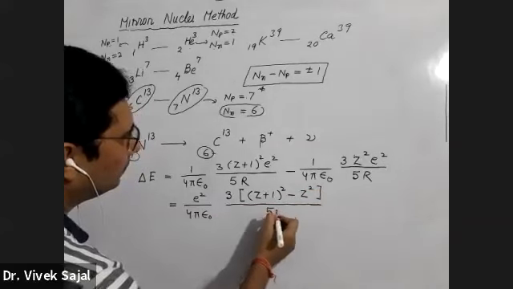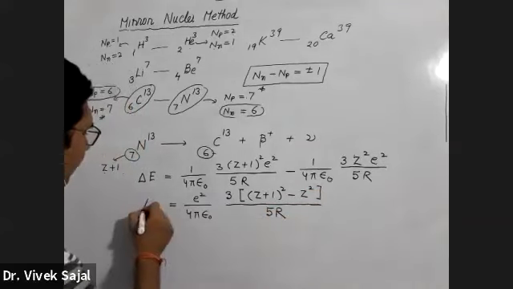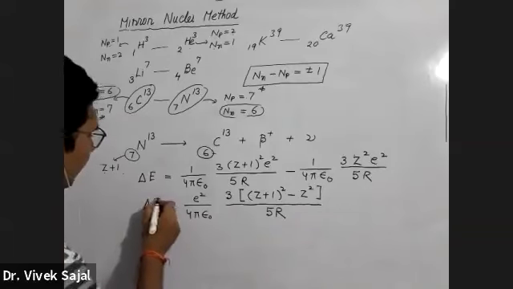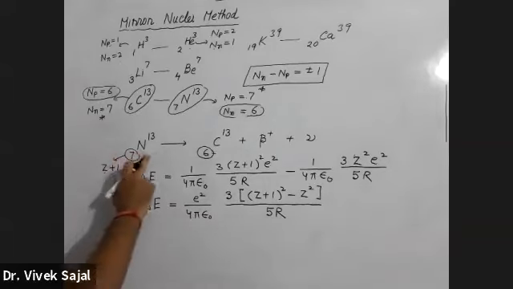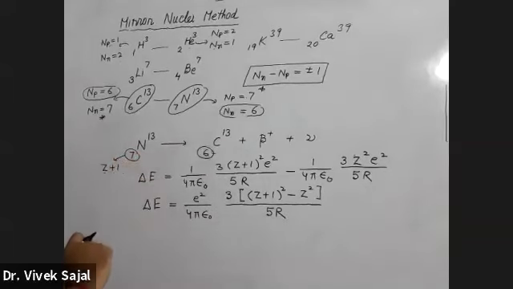Sir, are we considering Coulombic interaction to calculate this binding? 1 minute, please. So basically, this will be the difference in binding energy of this nuclei and this nuclei.